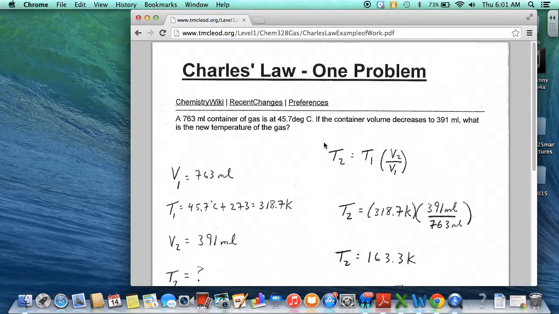That means I keep the same number of students in the room, and I keep the number of overall hits on the wall that those students make in a given time period the same. What happens if I make them go faster, as in walk faster, i.e., increase my temperature? Well, what happens to the volume of the room so that the hits they make stay constant?